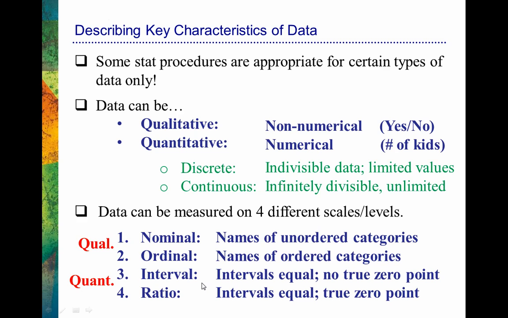On that number line, we can have 6 miles or 7 miles, and the difference between 6 and 7 is 1 mile. So every point on that number line we can see as equal intervals. The critical question that we need to ask ourselves now, is there a true 0 point? Does 0 on that scale mean the absence of what it is we're measuring? Well, what about 0 miles? 0 miles means you've traveled no distance. So it is a true 0 point.